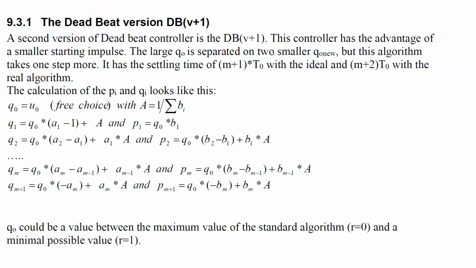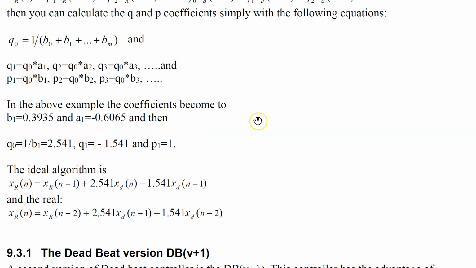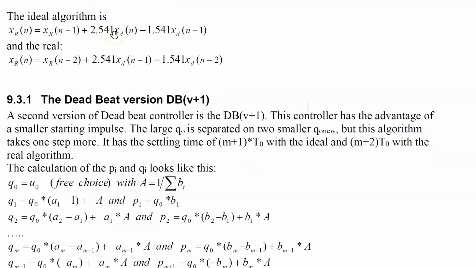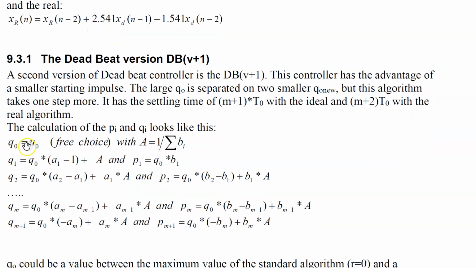So look into the paper. This Q0 is a free choice. The letter A here is the original, the old Q0. 1 divided by the sum of the b's was the Q0 of my last calculation. Look for this. That is the original Q0. Now we have a new one, a free choice.